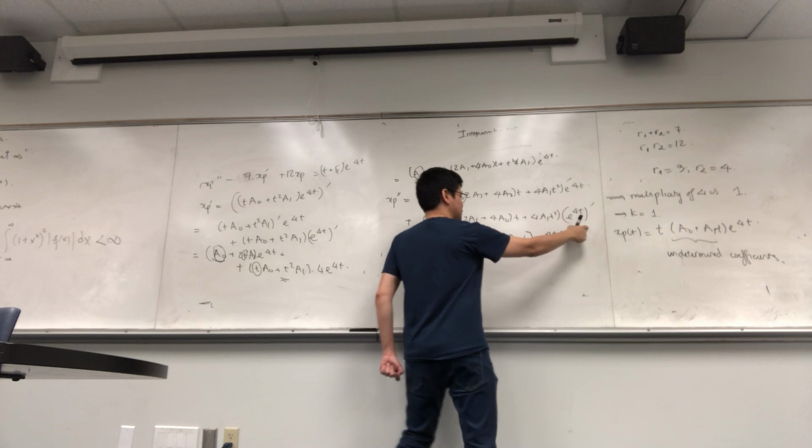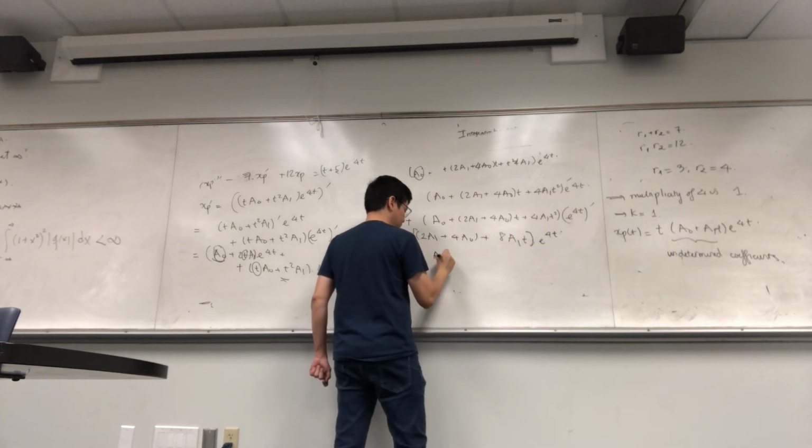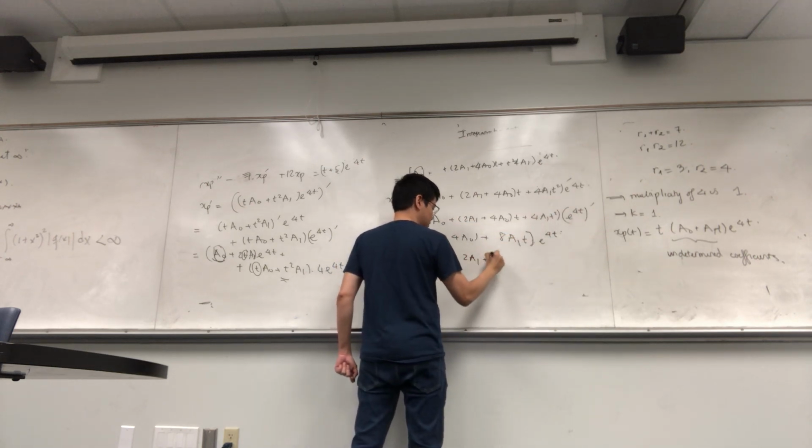And then you have to take the derivative of the second guy, but this is the same as before, it's going to be 4 times e to the 4t.